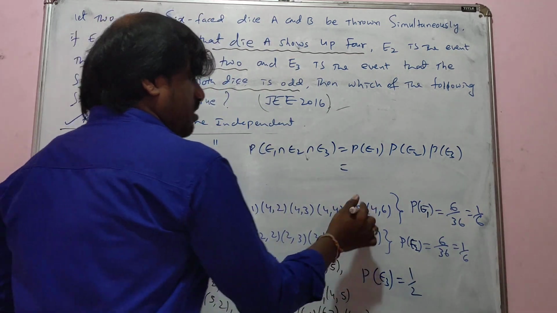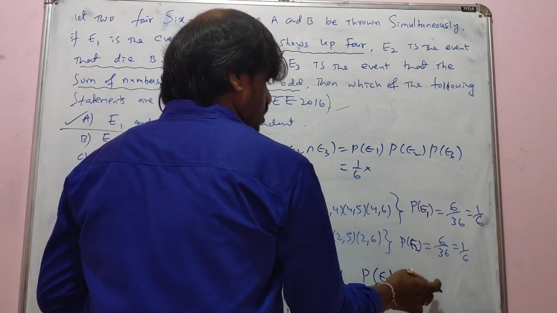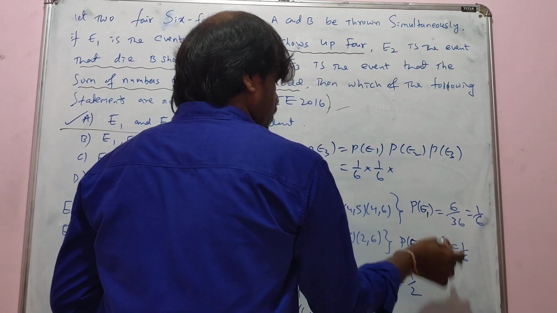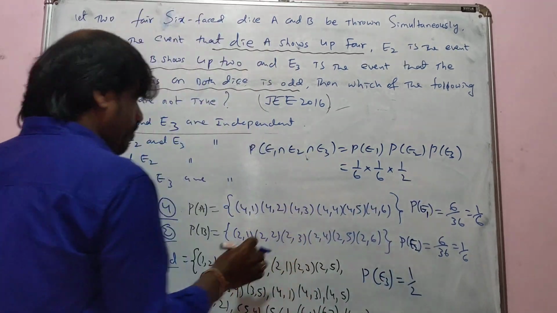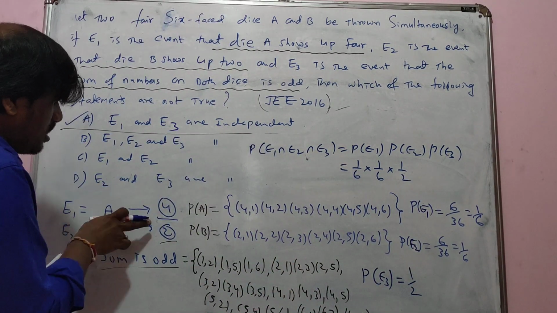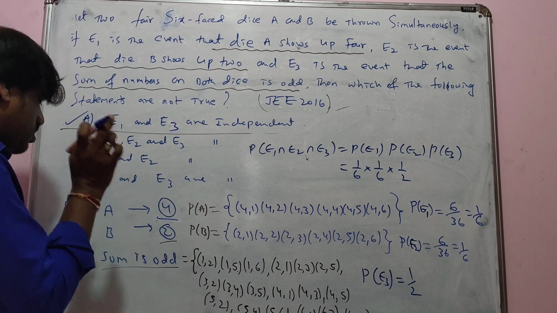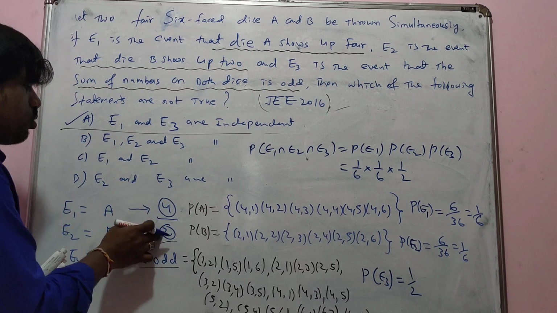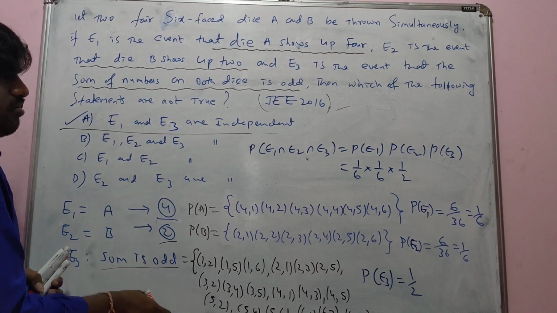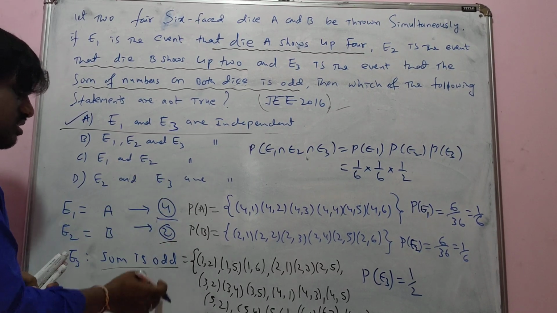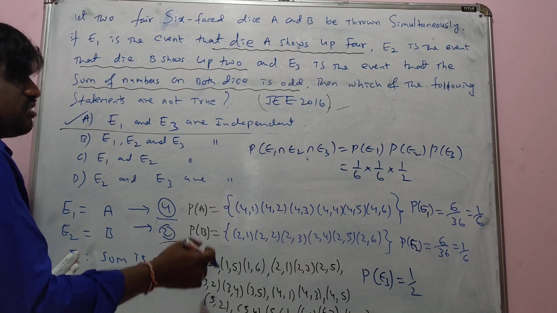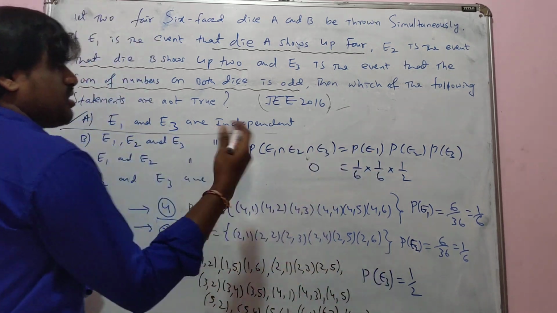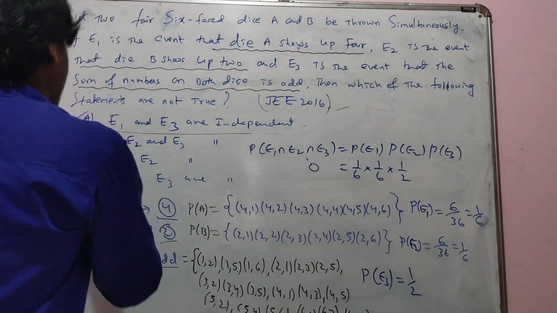Probability of E1 is 1 by 6, probability of E2 is 1 by 6, probability of E3 is 1 by 2. The common things in these should be 4, 2 and an odd number, but 4 plus 2 is even, so this is not possible, so it is 0. So both are not equal, so they are not independent.